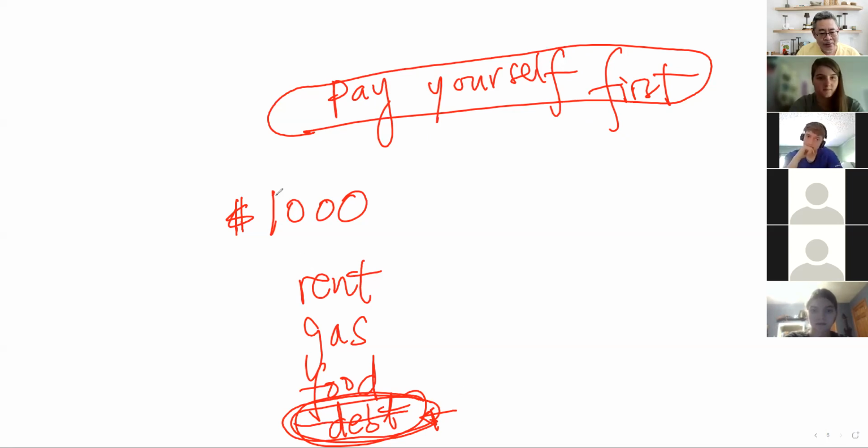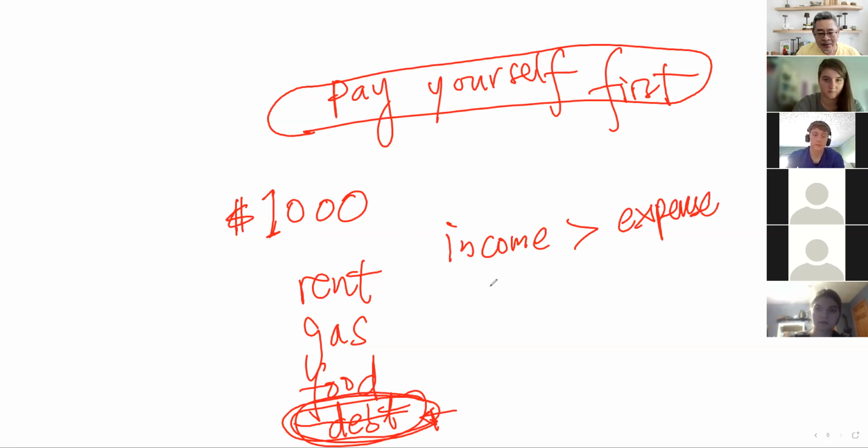Make sure there is a balance between the income and expense you have. Make sure income is greater than expense. What do you do if you just can't help it, if something is very expensive and you need to do it?